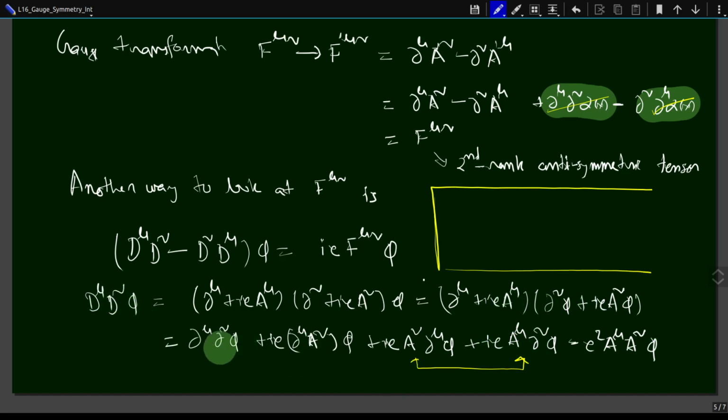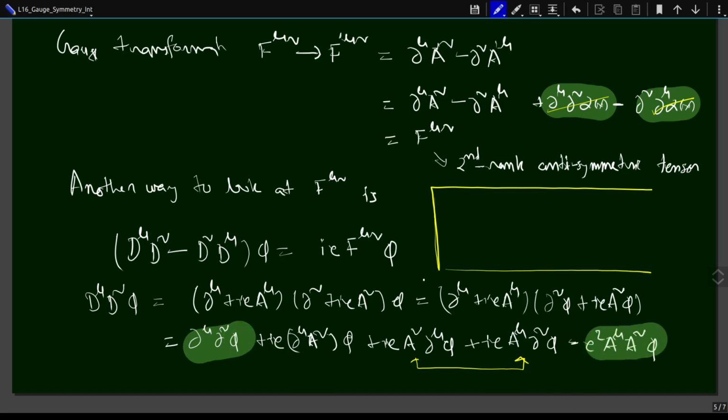Now what happens if you take the derivative in the reverse order? The first term here, d mu d nu phi, will also have derivatives in the reverse order, and we are assuming phi to be smooth enough, so that is the same as this order. So when I take this difference, this term cancels out, because it's symmetric.